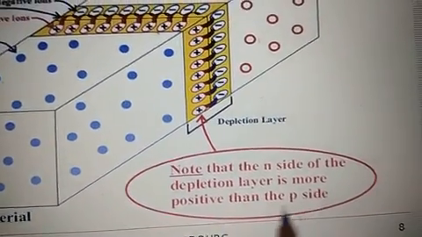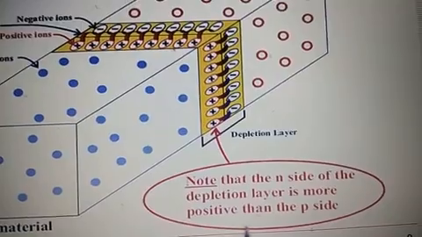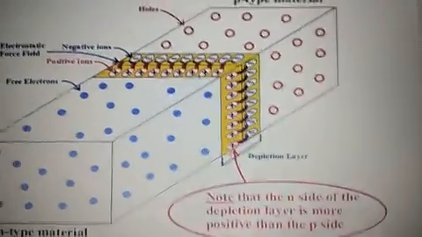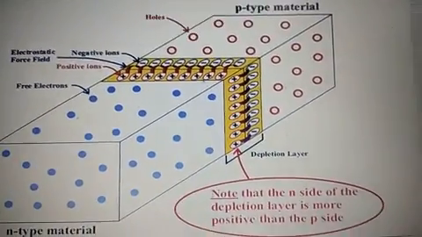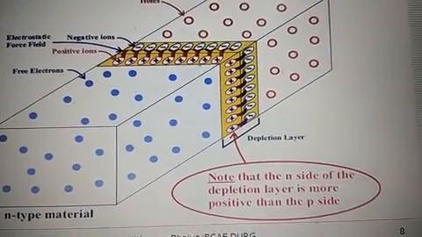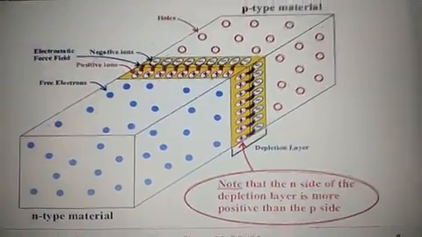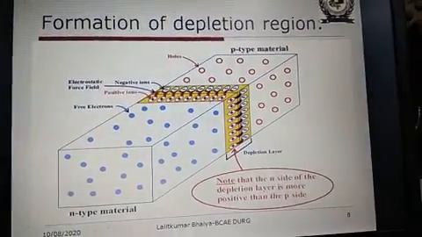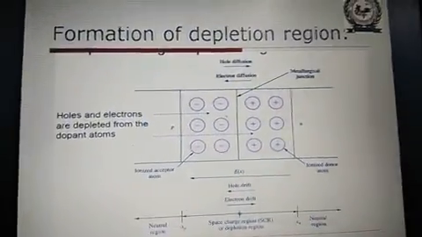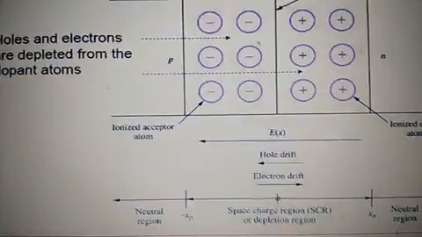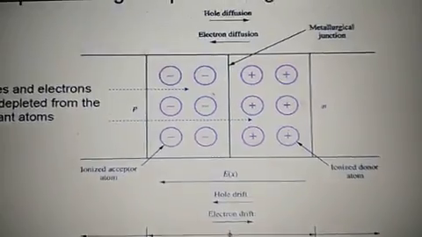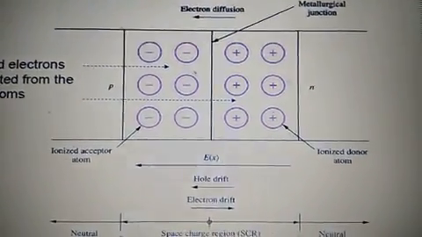Note that the n side of the depletion layer is more positive than the p side. So you can observe this depletion layer. Holes and electrons are depleted from the dopant atoms, and this can be shown like this also.